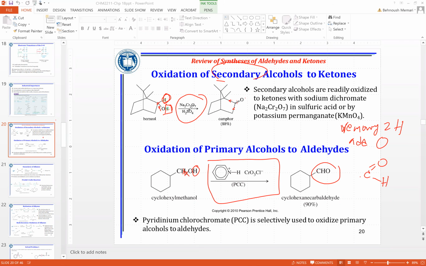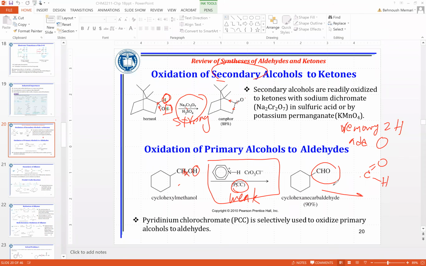So sodium dichromate, if you go back to your notes from chapter 11, is known as a strong oxidizing agent. PCC, or pyridinium chlorochromate, is a weak oxidizing agent. What happens if you use a strong oxidizing agent for primary alcohol?